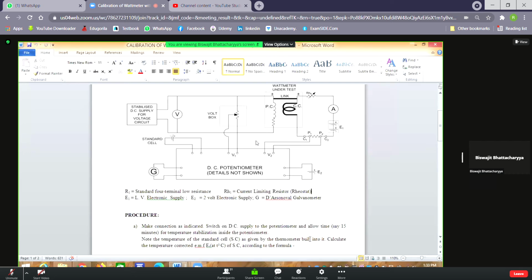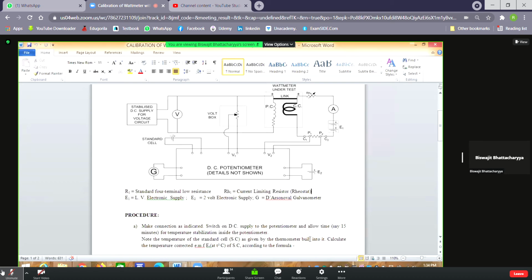Actually, what happens? The pressure coil and current coil are guided by a deflecting torque. We already know the principle of operation of the electrodynamometer type instrument. Now, if the pressure coil voltage and current coil voltage are widely different, then a potential difference comes between them.